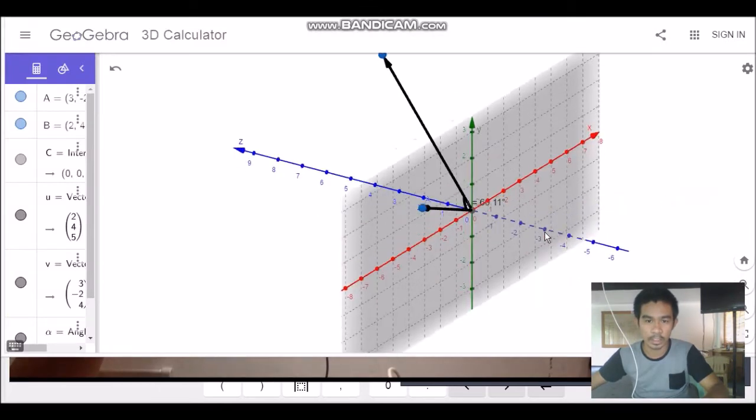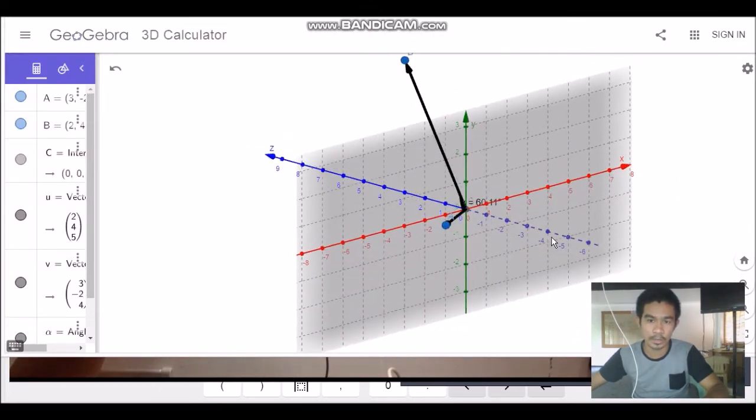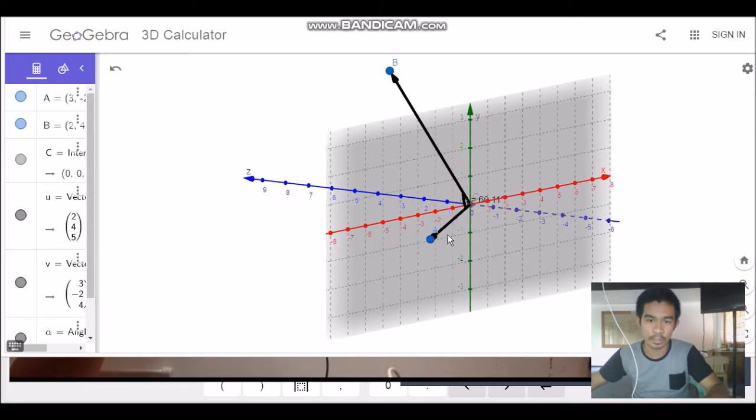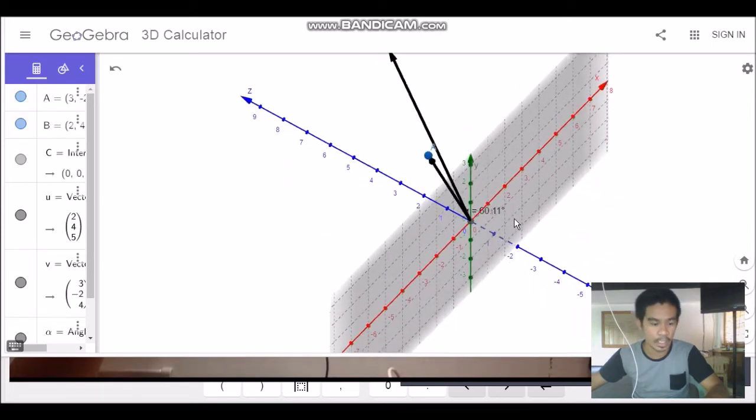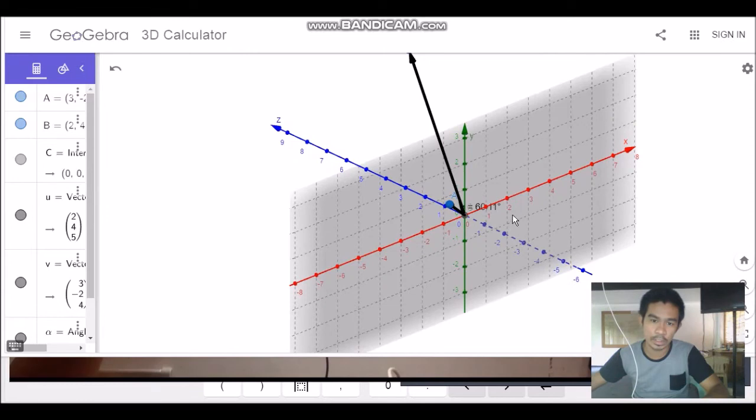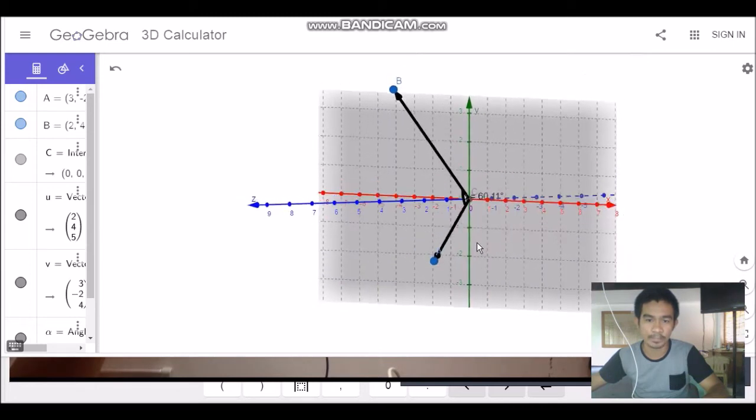So look here, that is 3. This is vector A, 3 units from the origin along the x-axis. And then -2 units, so downward, and then 4 units upward for the z component. So this is vector A, right?